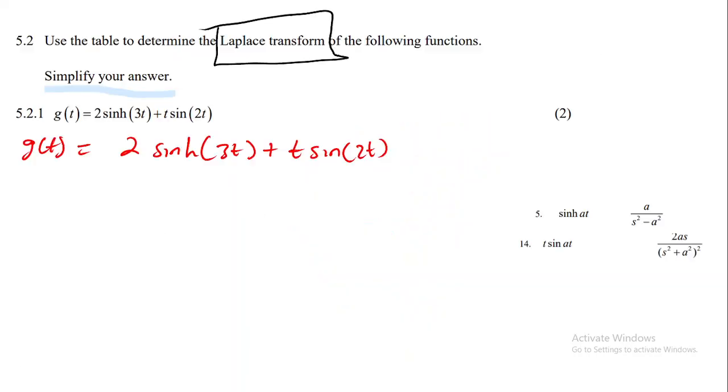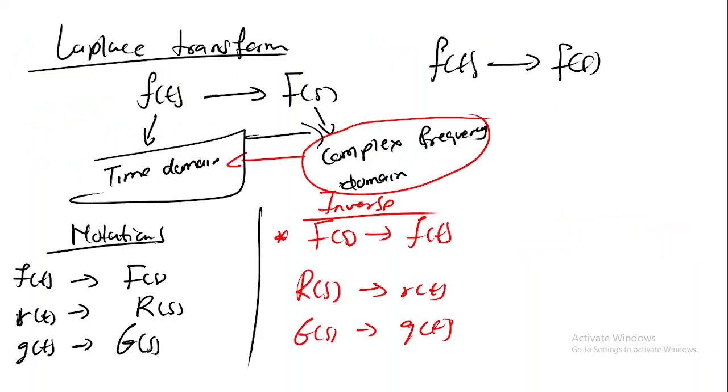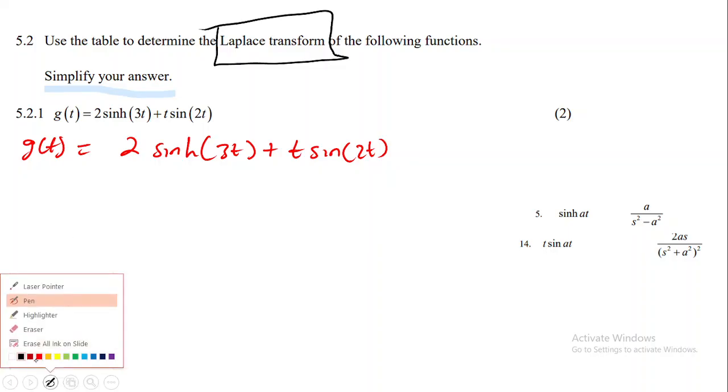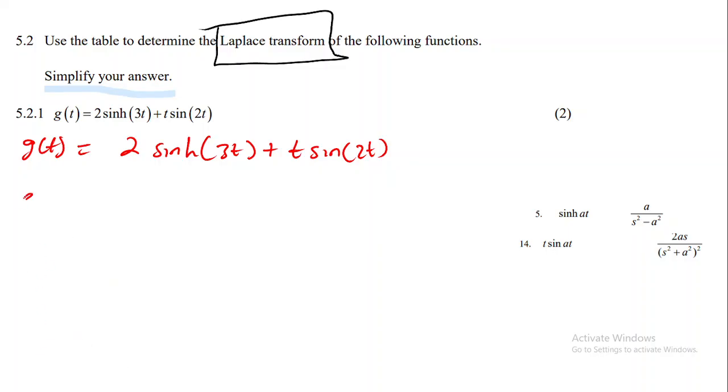This implies that if you are having g of t, you need to be able to identify the notations that you need to use. Here we're given g of t. This implies that our Laplace of g of t is going to be g of s, because we're moving from our time domain to our complex frequency domain.